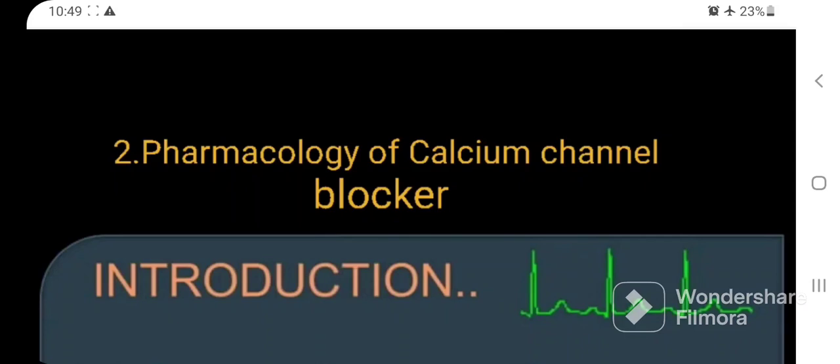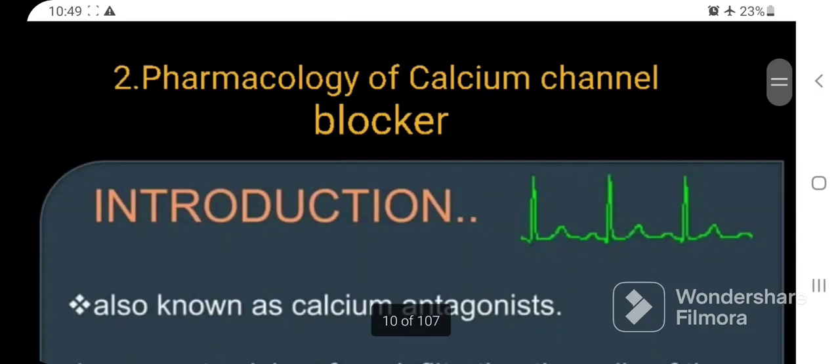After writing the mechanism of action, go through the pharmacokinetics. After pharmacokinetics, you can write some adverse effects of that particular drug, or contraindications or precautionary measures. If you follow this pattern, it is better, and according to the Pharmacy Council of India, this is the best fashion to present the pharmacology of any drug.